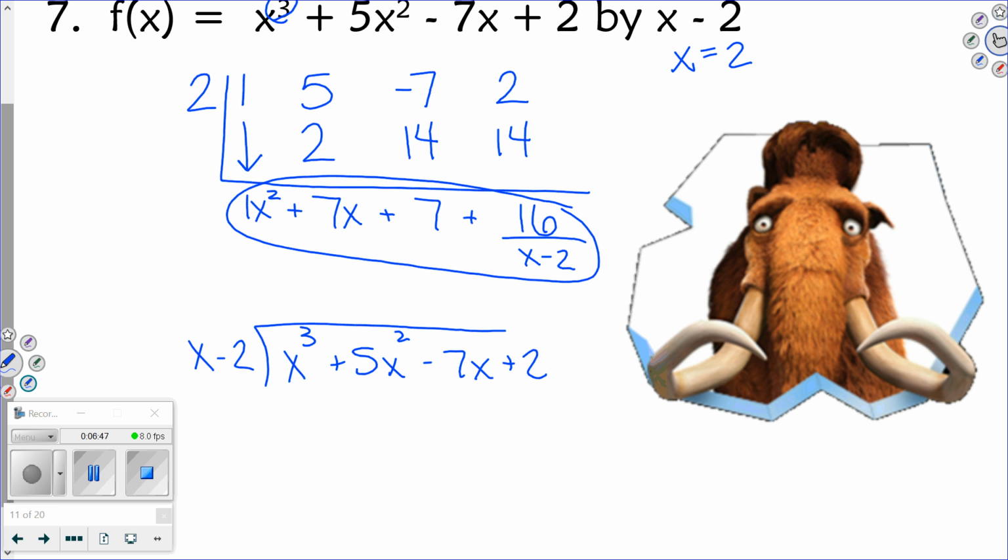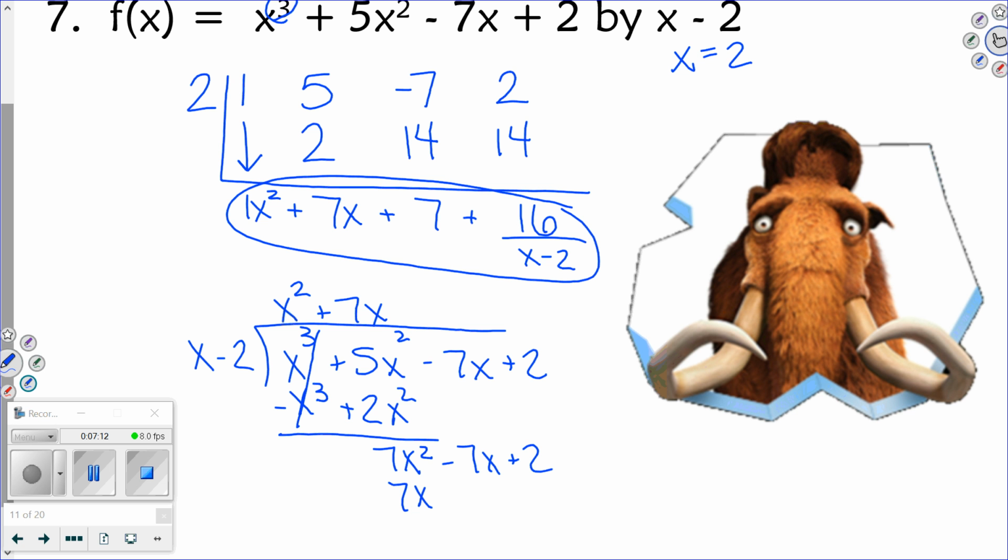Okay? So what do you multiply x to get x cubed? X squared. So you would distribute and get x cubed minus 2x squared. Then you would have to change your signs. There's my 7x squared. Bring down minus 7x plus 2. What do you multiply x to get 7x squared?